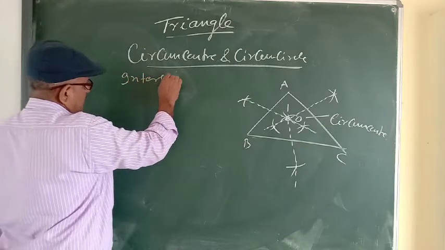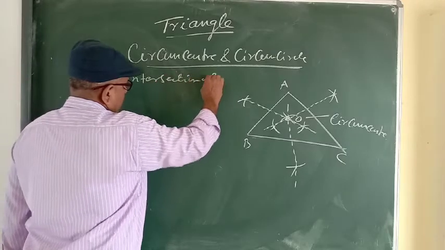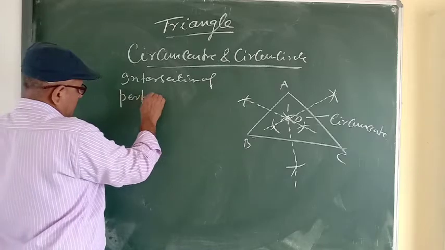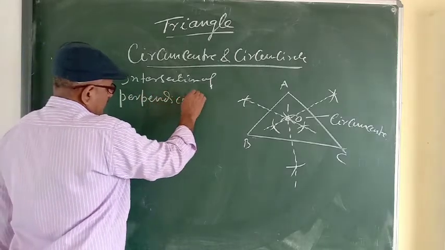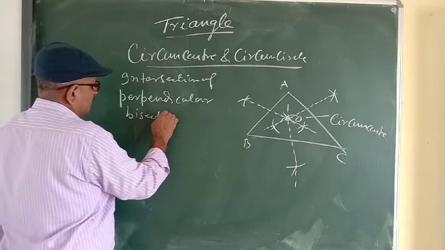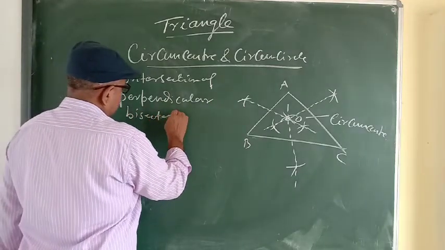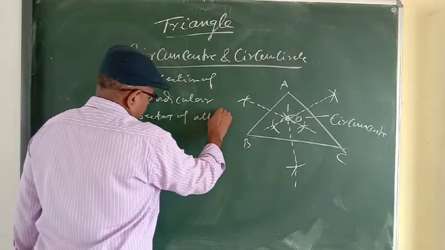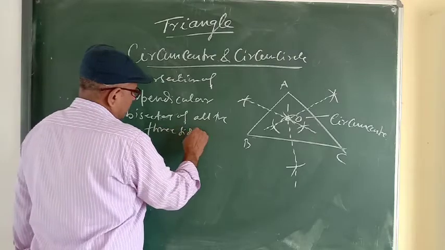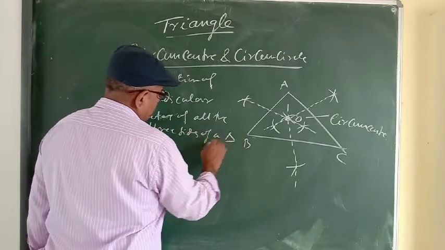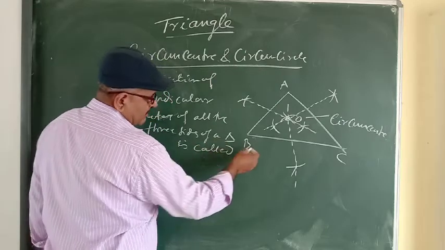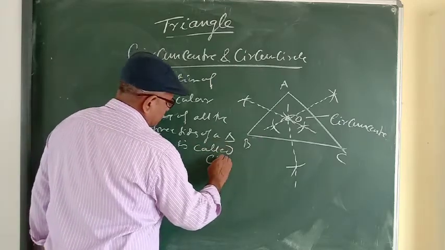Intersection of perpendicular bisectors of all the three sides of a triangle is called circumcenter.